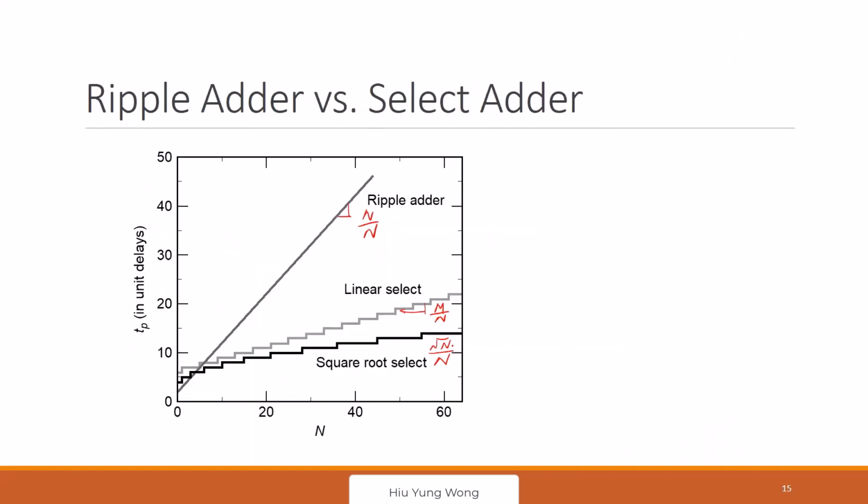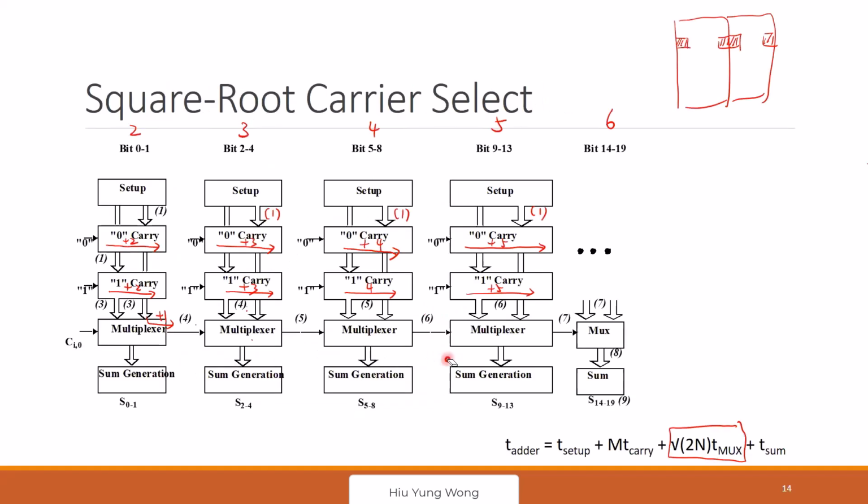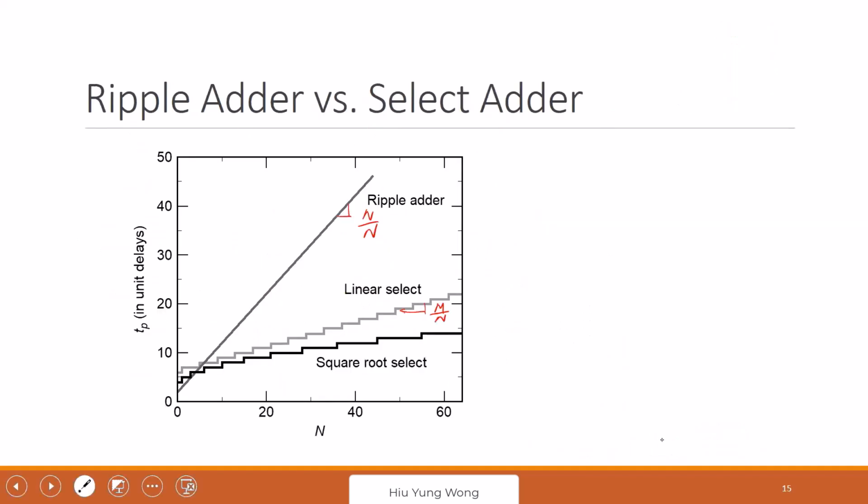Actually, I should not say that, because it is still m, but it further reduces the T mass. So I'm not going to put the slope, but you can see that it tails down, so it has a faster speed.